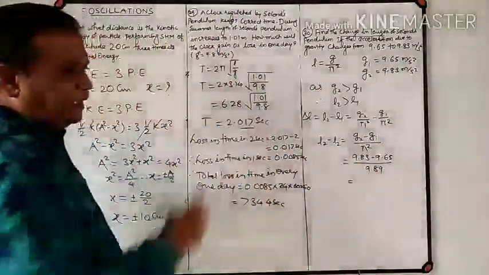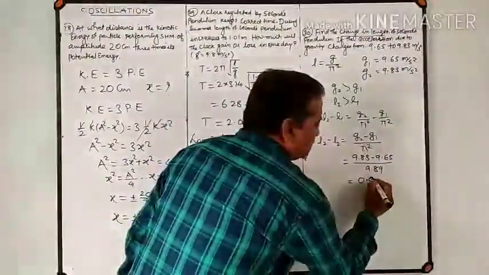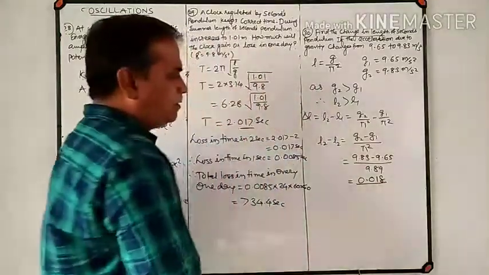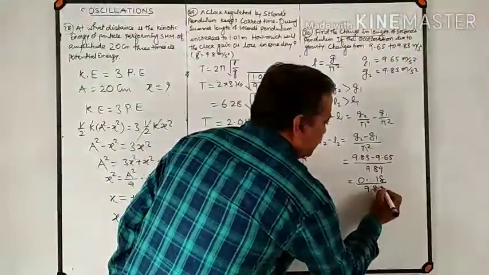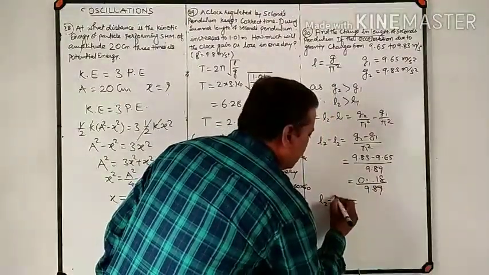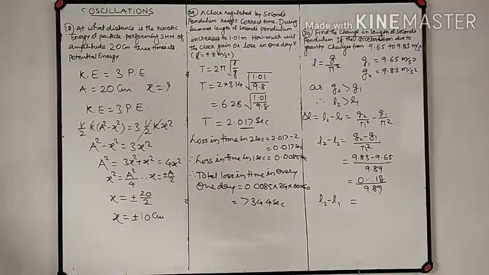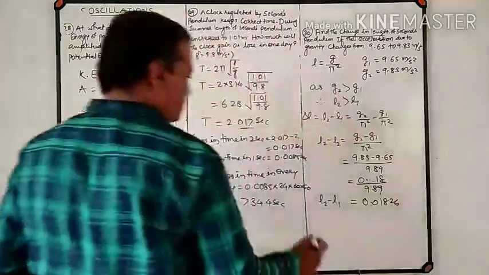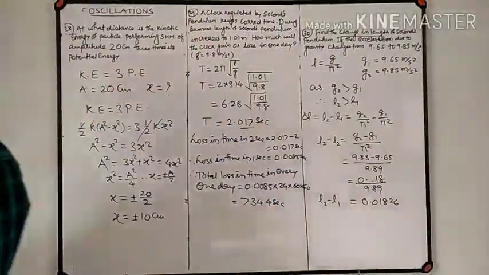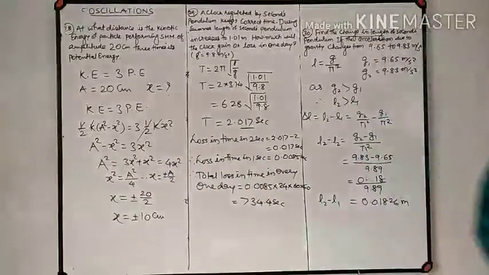The difference 83 minus 65 is 0.18, so 0.18 divided by 9.89. If you calculate this change in length, it comes to 0.01826 meter.